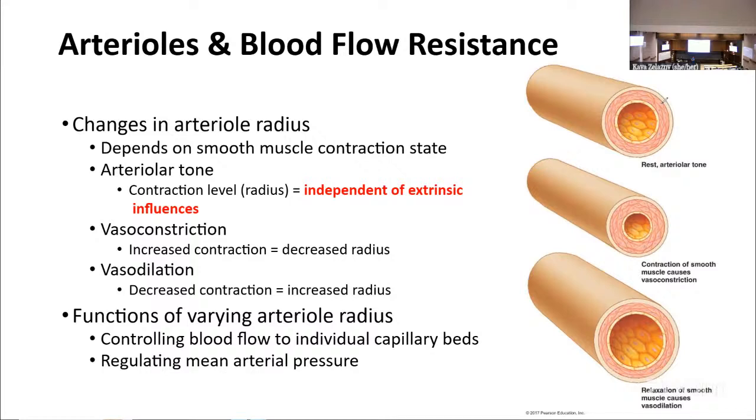Don't come this way. Go over that way where we have larger, more relaxed arterioles. Okay. So we're going to be controlling how much blood flow goes to individual capillary beds and individual organs, as well as regulating our mean arterial pressure overall.